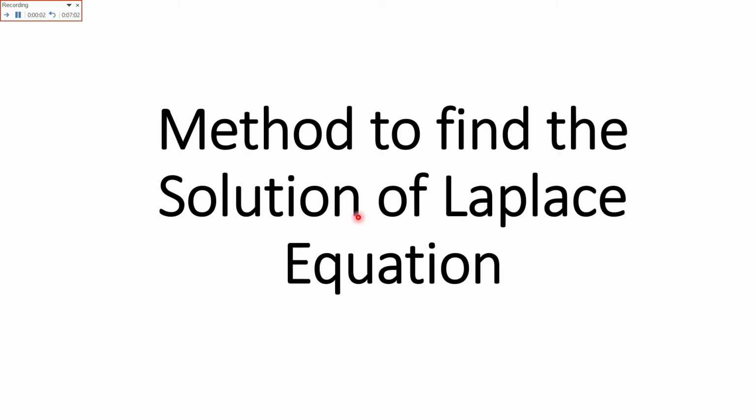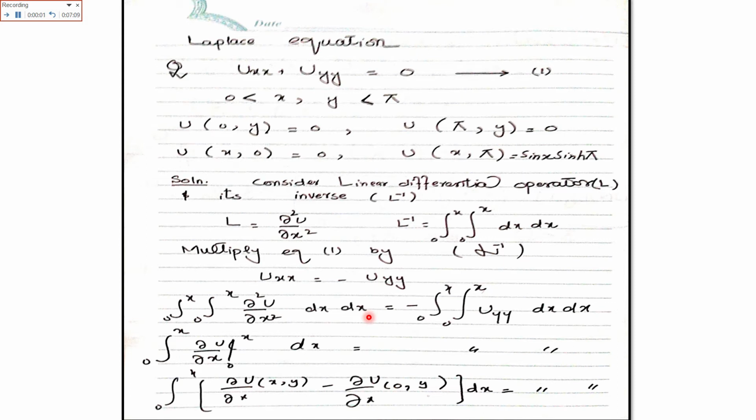Now this is the method by which you can find the solution of the Laplace equation. In the given example, we have a Laplace equation u_xx + u_yy = 0, that is, ∂²u/∂x² + ∂²u/∂y² = 0. The condition says 0 < x, y < π.